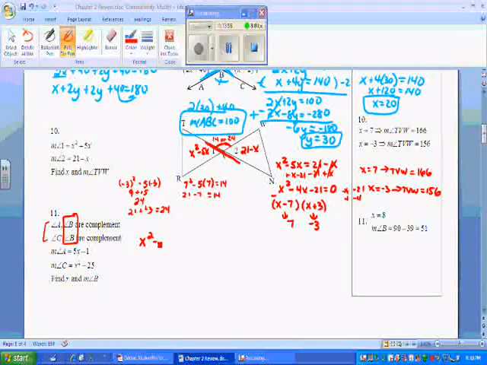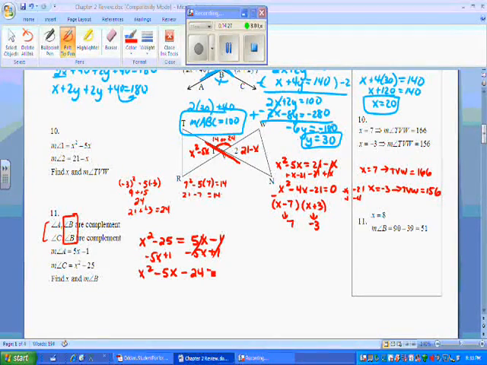So we can say that x squared minus 25 is equal to 5x minus 1. This is what we can factor. We have an x squared, so let's minus the 5x and add the 1 over. Minus 5x, add 1. So we get x squared minus 5x minus 24 equals 0.